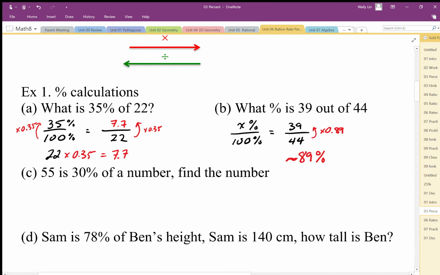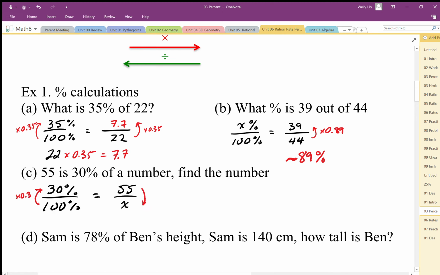So here we have 30%. It says that 55 is 30% of a number. The 55 then represents the part, and the number is what we're looking for, our whole. We have our decimal multiplier here, which is our decimal percentage.